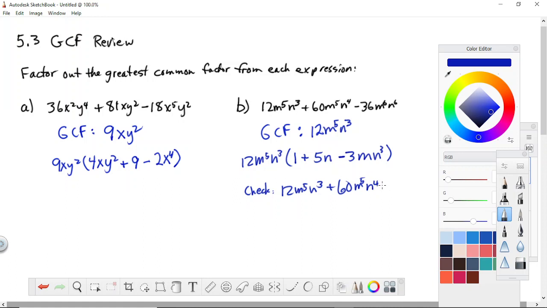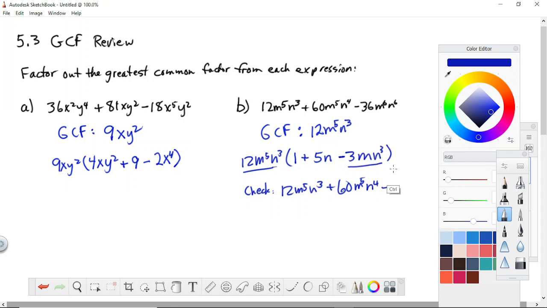So the last one, it will be negative 36. We're going to take 12m to the 5th times negative 3m n cubed.